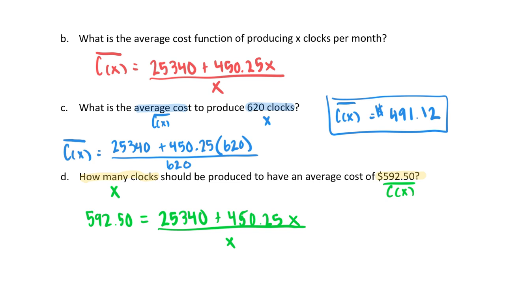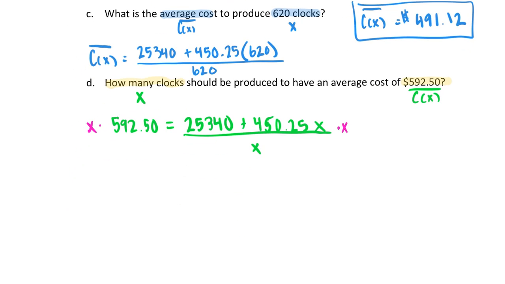Okay, there we go. So we need to solve this equation for x. I'm going to multiply both sides by x to get my x out of that denominator. We have 592.50x equals 25,340 plus 450.25x.